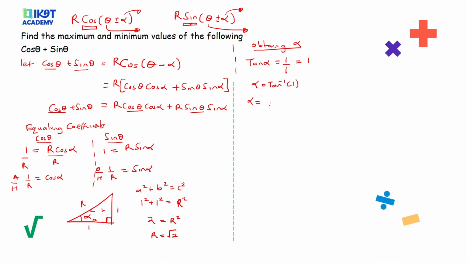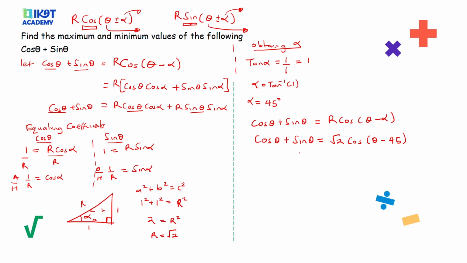Initially we said cos theta plus sine theta is equal to r cos(theta minus alpha). Now we can rewrite it while substituting: cos theta plus sine theta is equal to root 2 cos(theta minus 45 degrees), as we found our alpha to be 45. So this is now what we have.